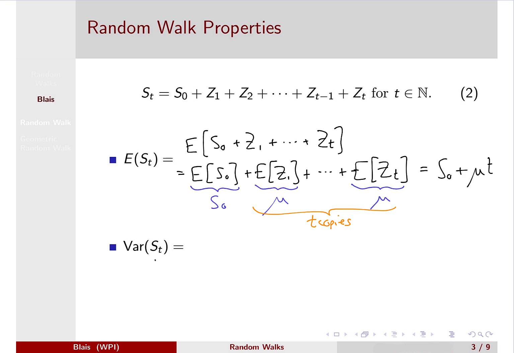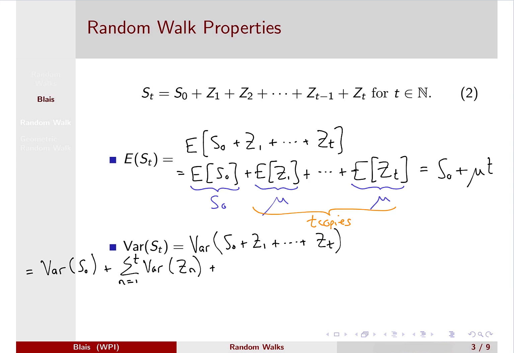For a variance calculation, we have the variance of S naught plus Z1 up to ZT. And we have to be a bit careful here. This variance will be the variance of S naught, plus the sum, n goes from 1 to T, of the variance of Zn.